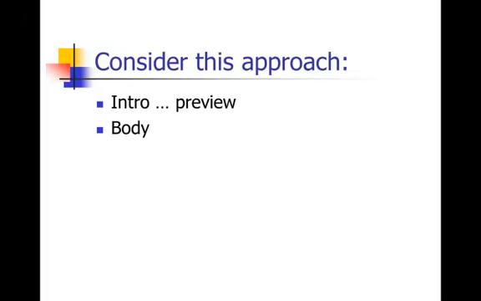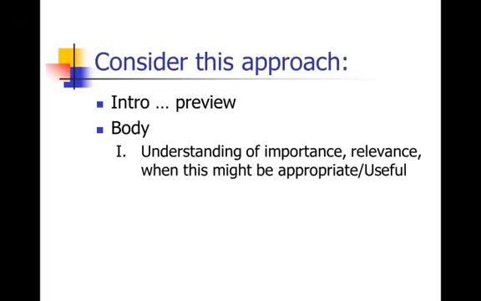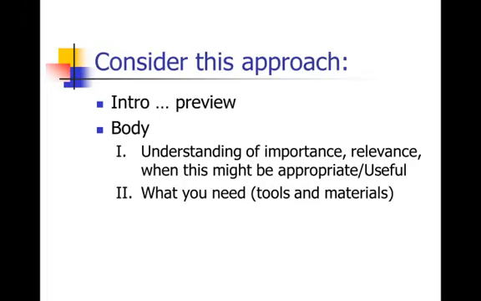Then we move to the body of the speech. The first point in the body might be understanding the importance or relevance of when what you're talking about might be appropriate or useful. Again, you are establishing that this is a worthwhile topic for your audience. The second main point would be what you need in order to do what you're trying to teach them to do.